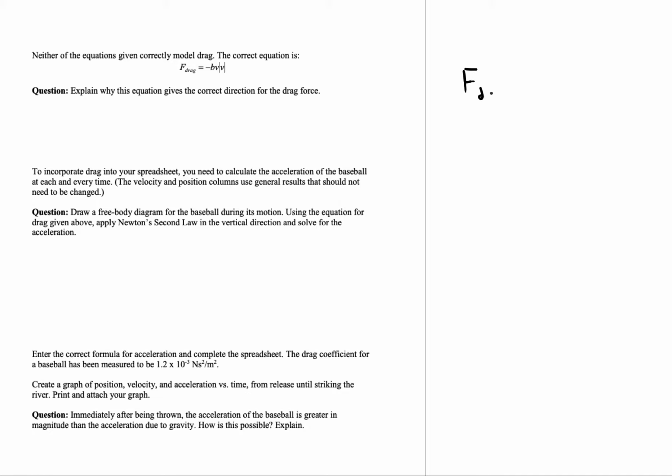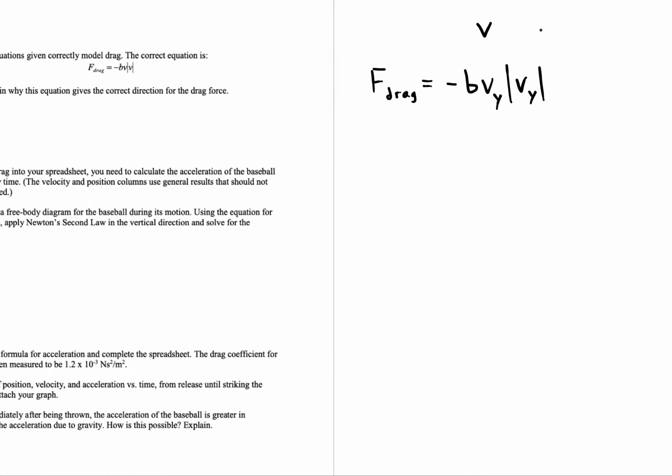I always do. Just from Calc 3, you have to put a y on there to say that it's in relation to the y-axis, so it could be positive or negative. See, in Calc 3, if you just put v, that means magnitude of velocity.